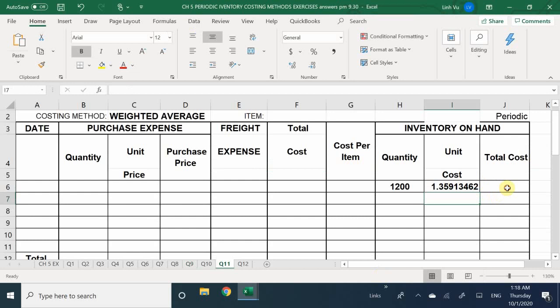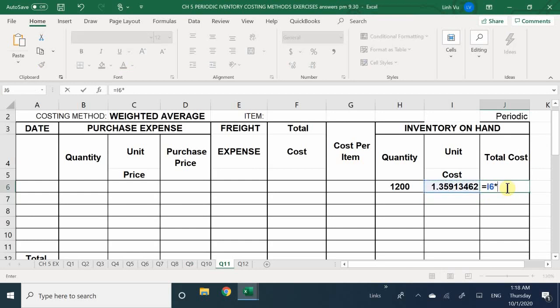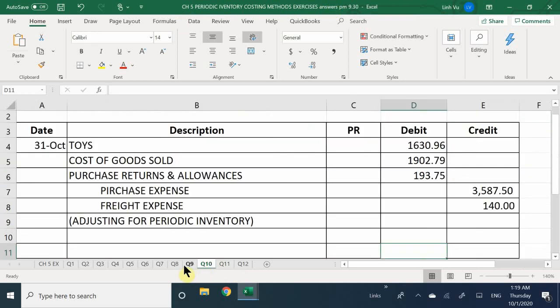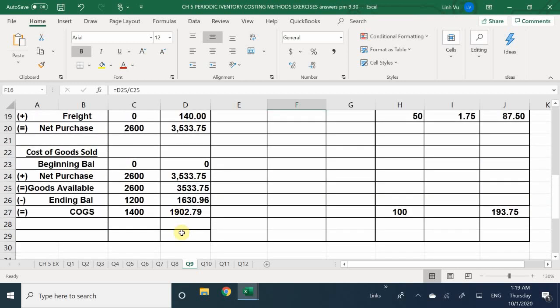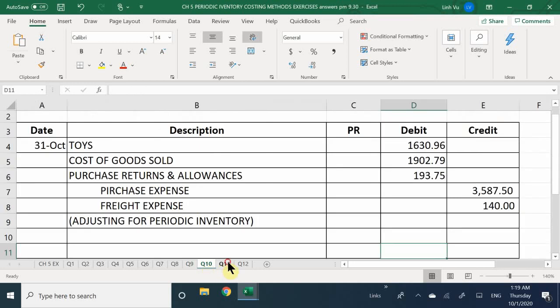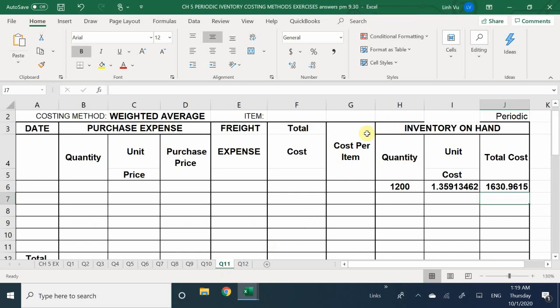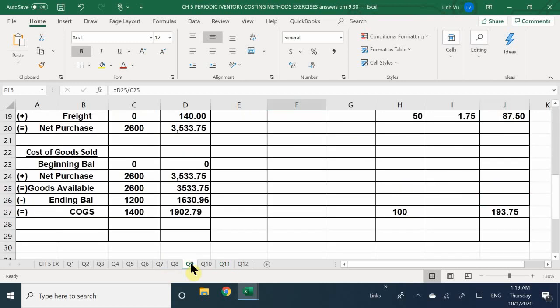And I should be able to get the same amount of $1,630.96. That is what I originally have, and $1,630.96 is my correct answer that I calculated in question number 9.